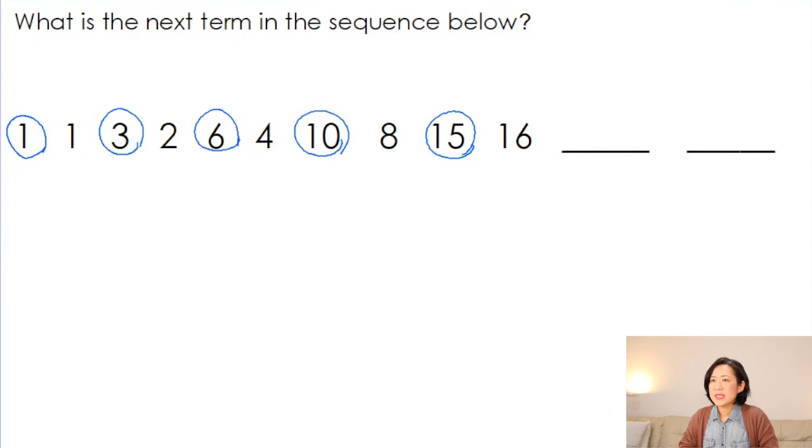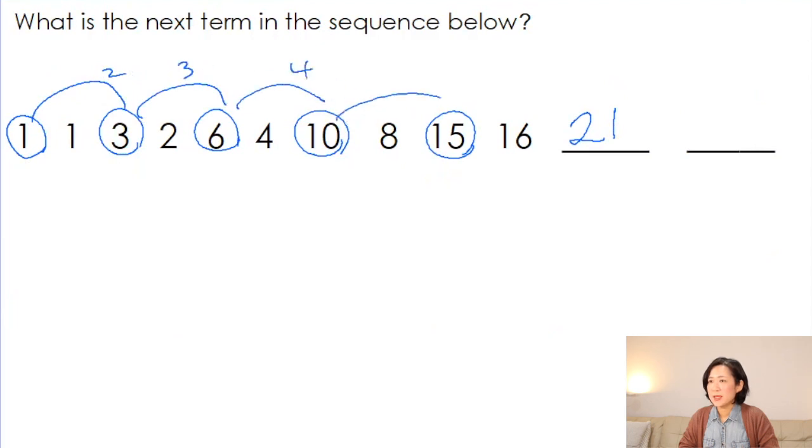So 1, 3, 6, 10, 15. Then your first missing number is the blue pattern. Oh, it's the same. Look, 1, 3, 6, 10, 15 is the triangular number, right? You keep adding up the numbers. So 21. Then I said you need to be familiar with the triangular numbers.